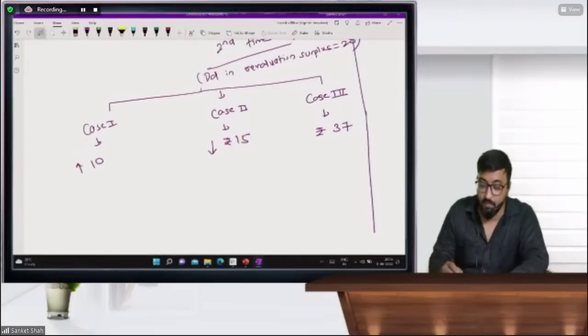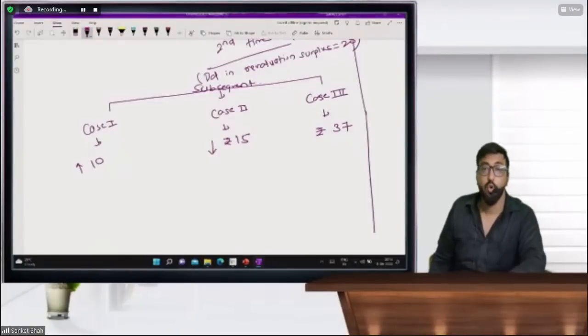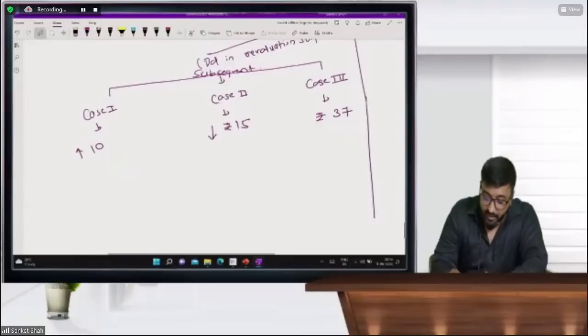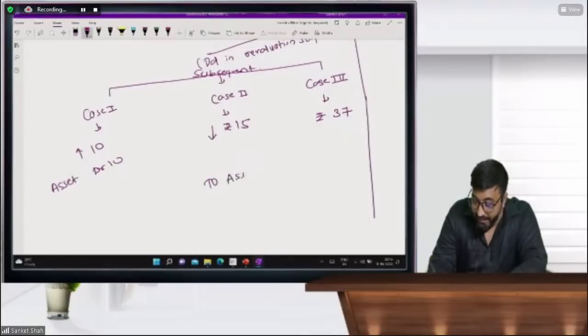This is subsequent. So the entry will be: here the asset is debited 10 rupees, here the asset is credited 15 rupees, and here the asset is credited 37 rupees. So you got this concept.